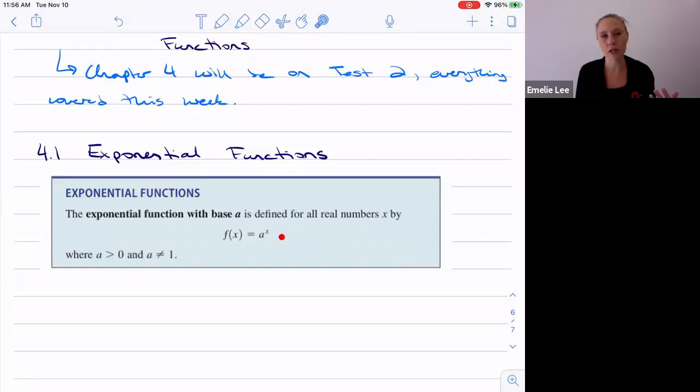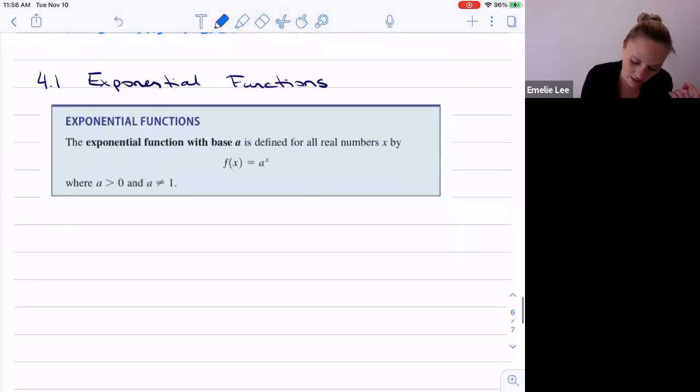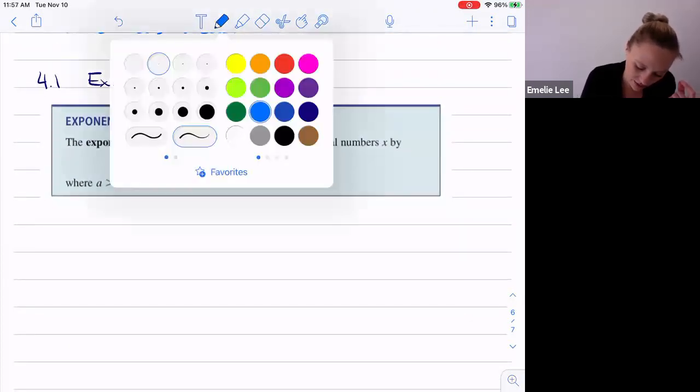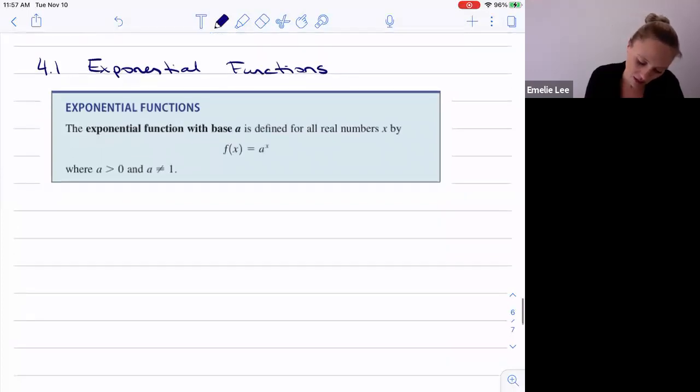We need some terminology, just like we had to know what the numerator and the denominator are for fractions to be able to talk about them. We need to know that a is the base. Whatever the base is, we call the base.